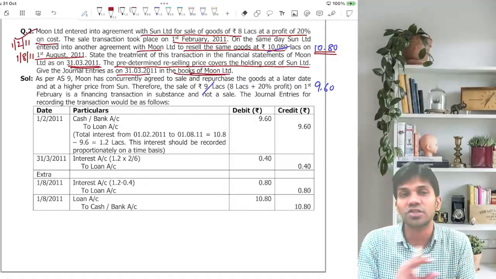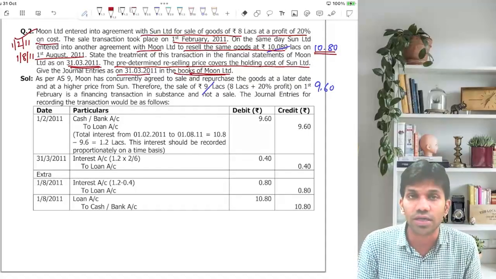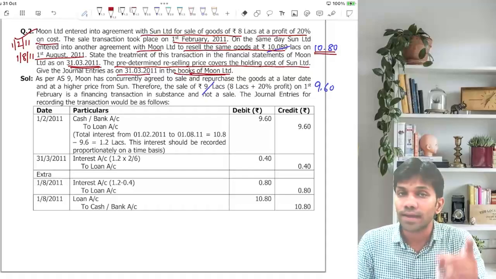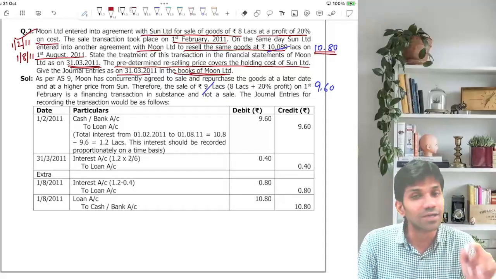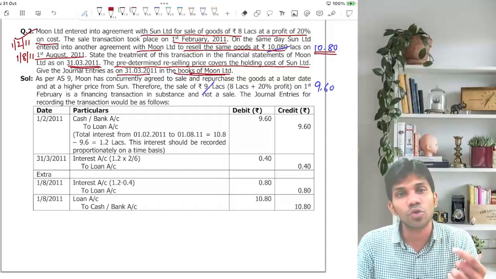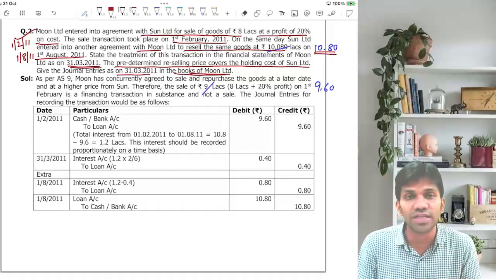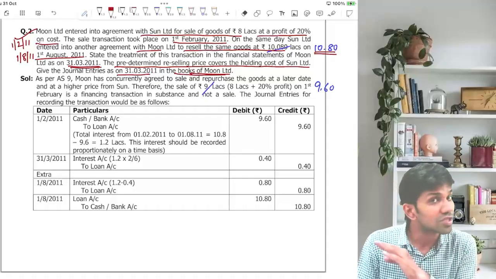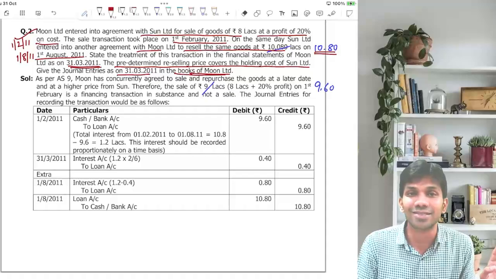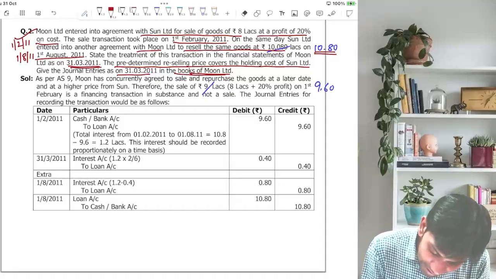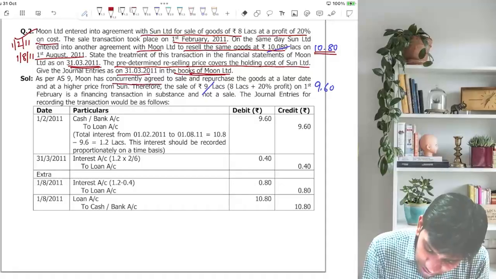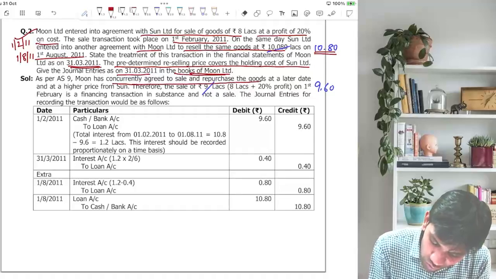Guys, first of all, this is not a revenue recognition transaction. I have sold goods costing 8 lakhs at 20% profit on cost. Subsequently, you have again entered into a contract with me to resell the same goods at 10.8 lakhs. This is not a revenue recognition transaction at all. As per AS-9, Moon has concurrently agreed to sell and repurchase the goods at a later date and at a higher price from Sun.